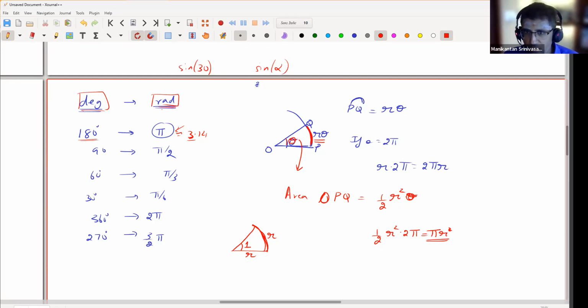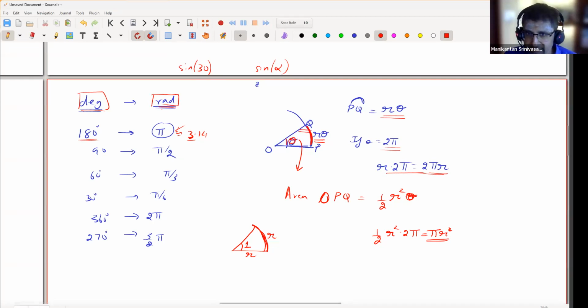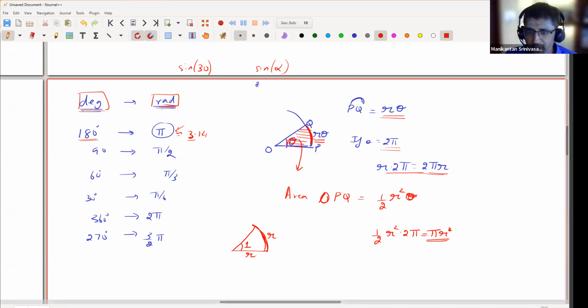That's what I covered. Arc length is r times theta, and if theta happens to be 2 pi, the arc is the entire circle periphery, which is why it's r times 2 pi, the circumference formula that you know. Similarly, this is called a sector, the triangle-like area. The area of a sector is half times r square times theta.